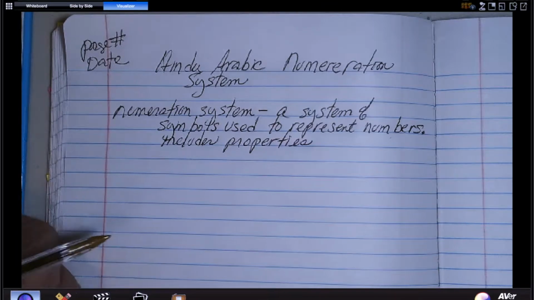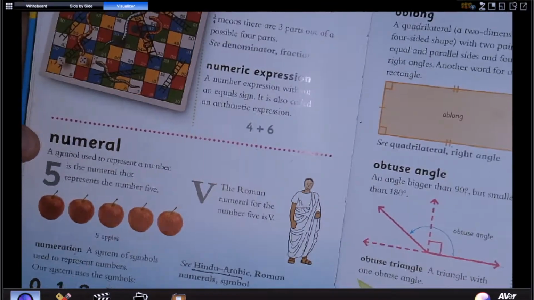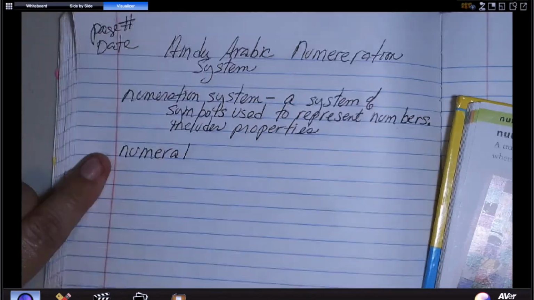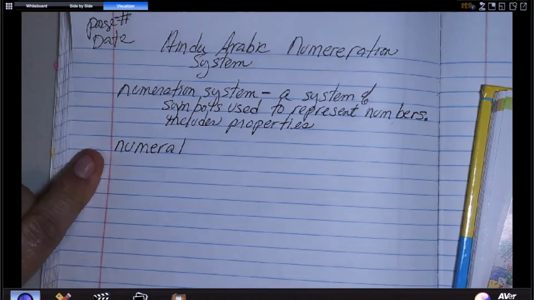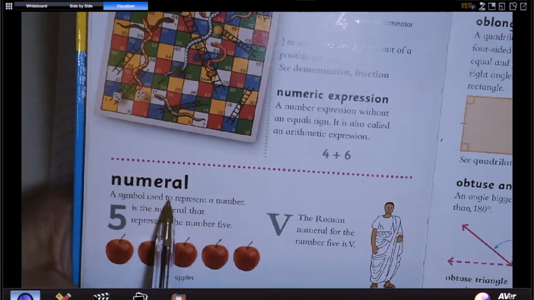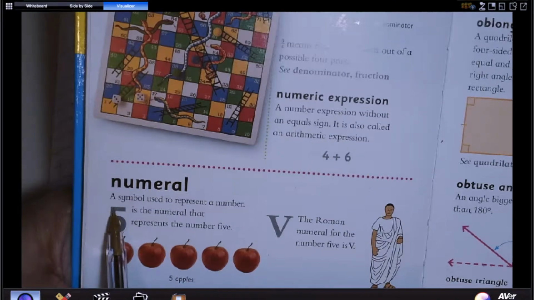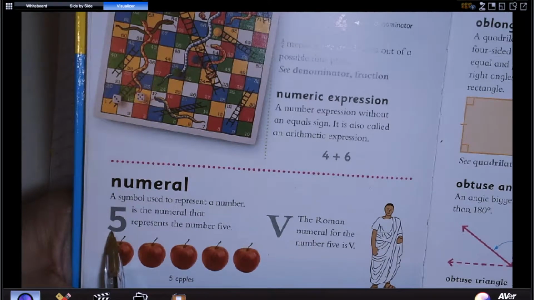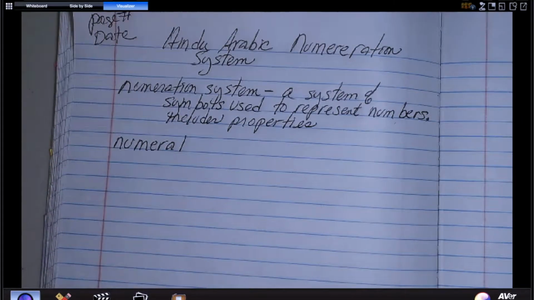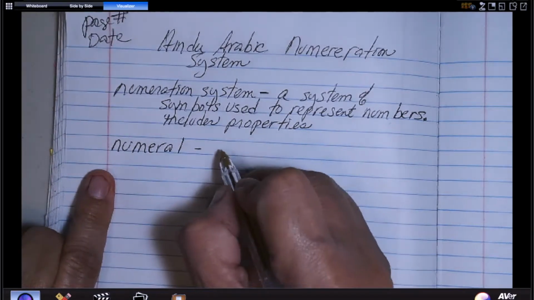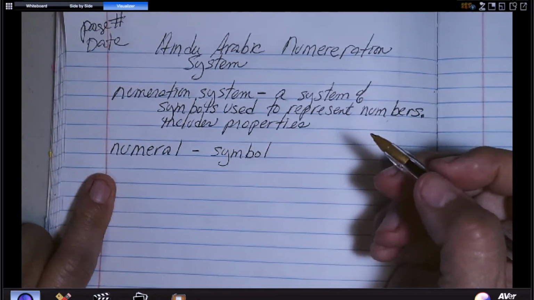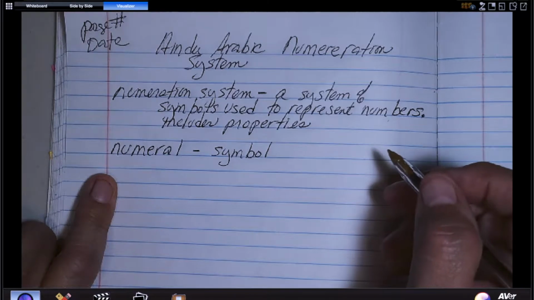So let's look at the definition. What is a numeral? Okay, so a numeral is a symbol. A numeral, it is a symbol used to represent a number. So here is the numeral 5. So a numeral is a symbol or group of symbols, right? If you have like 13, it has a 1 and a 3.